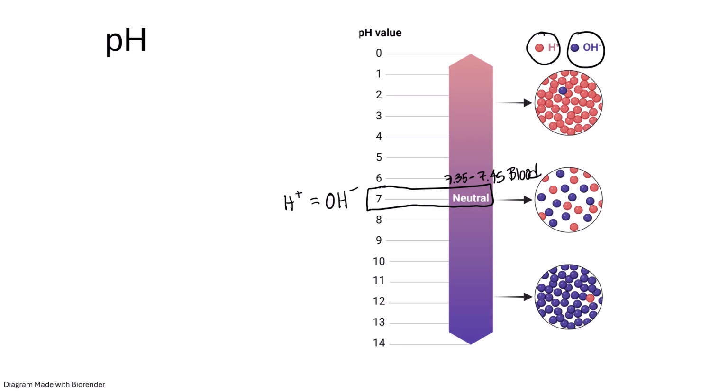All right, let's first consider acidic substances. These are substances that have a value of 0 to 7 on the pH scale. These are substances that have an excess of H plus cations compared to the OH negative anions.